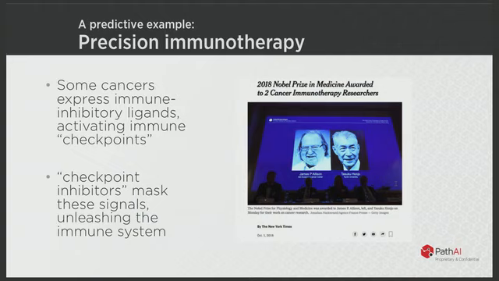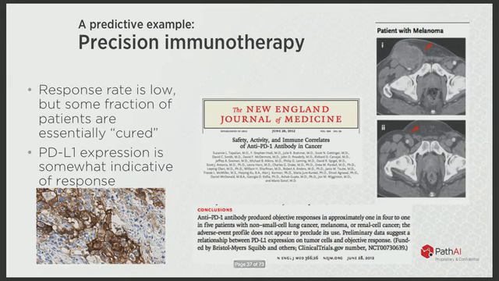One of the last examples I'm going to give has to do with precision immunotherapy, where we're not only trying to identify what the diagnosis is, but to actually subtype patients to predict the right treatment. As I mentioned earlier, immunotherapies are a really important and exciting, relatively new area of cancer therapy, which was another one of the big advances in 2012, around the same time that deep learning came out.